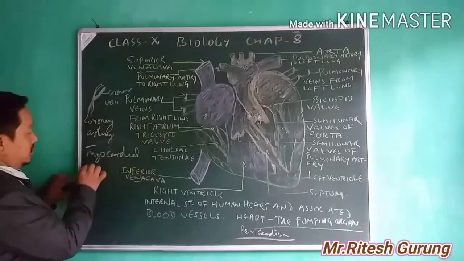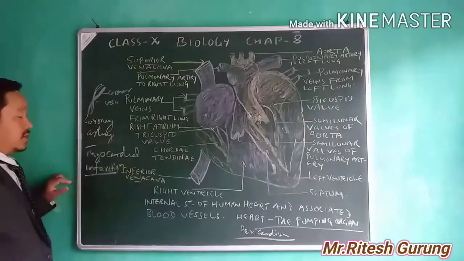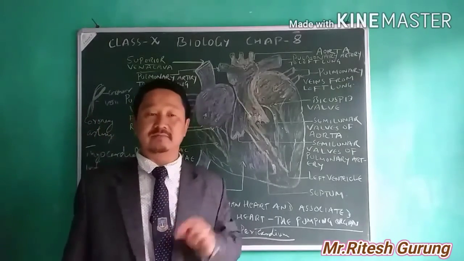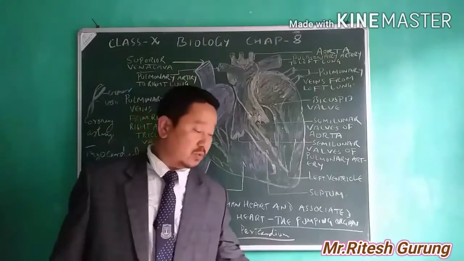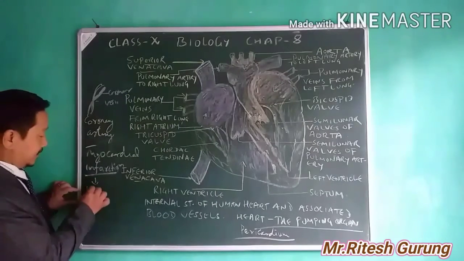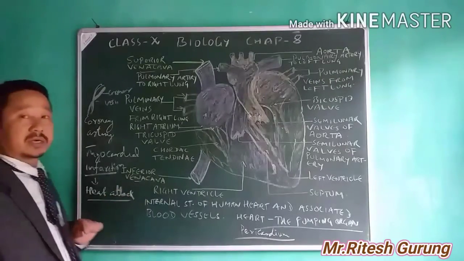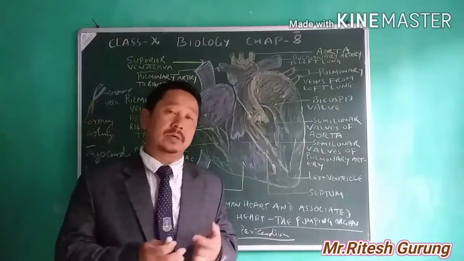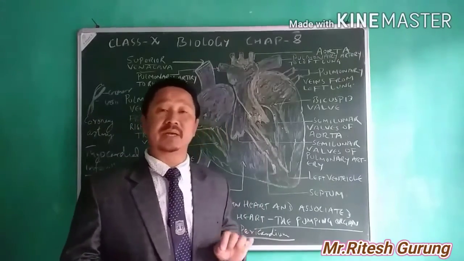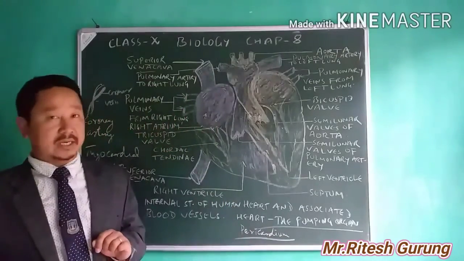You can see it in the book also. Myocardial infarction is commonly called heart attack. A number of people every year lose their life because of heart attack. It happens mainly when the coronary artery gets blocked.